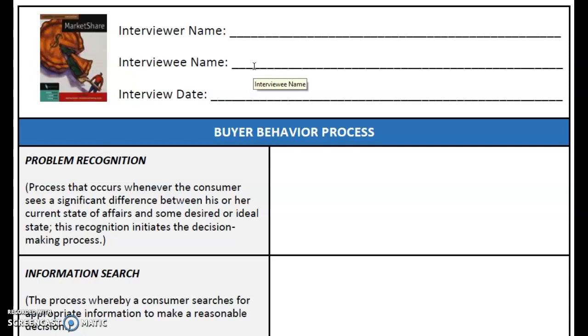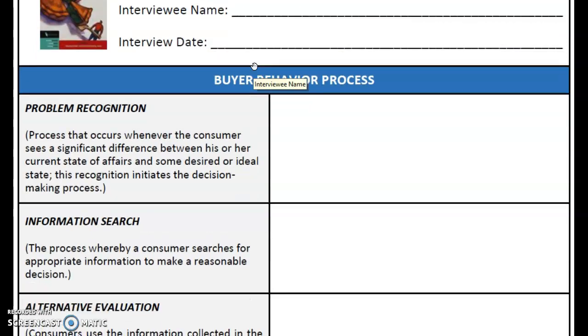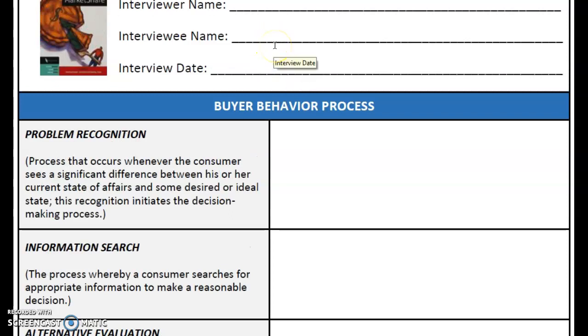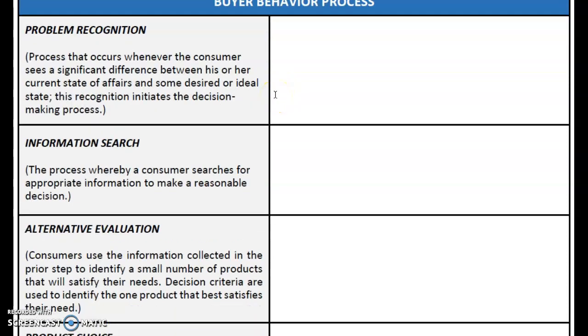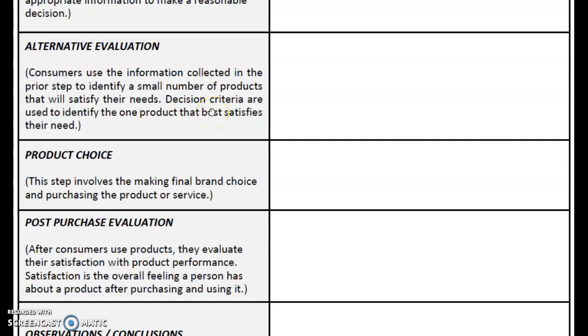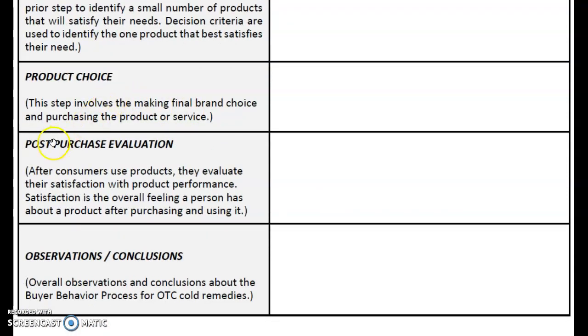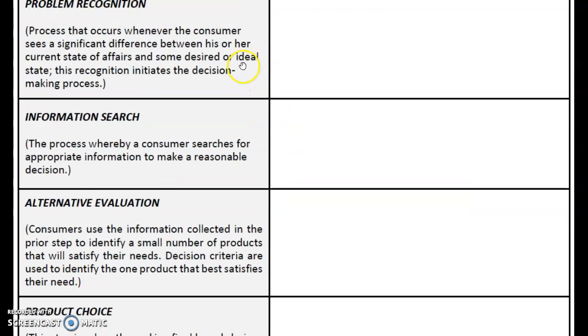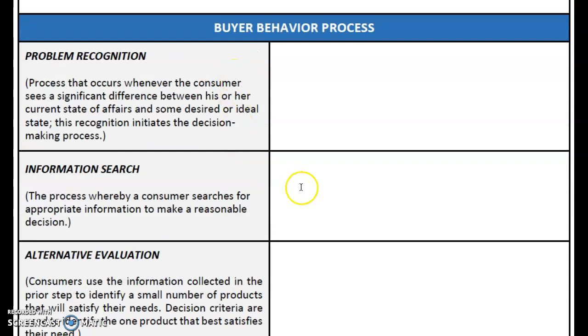And your group could say, okay, each one of us will come up with a question, and then we get answered, and then a date. And then we put together the answer to each question. So problem recognition, information search, alternative evaluation, product choice, post-purchase evaluation, those represent the 5 steps that we just mentioned.